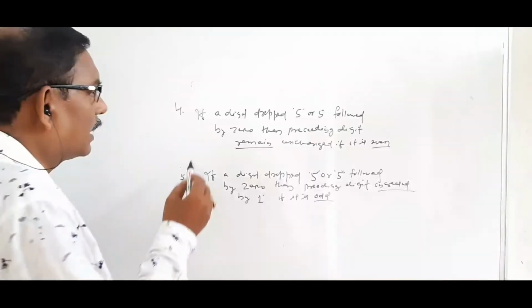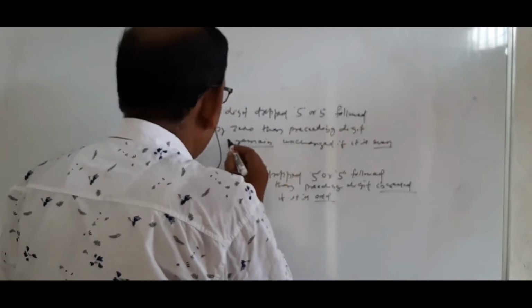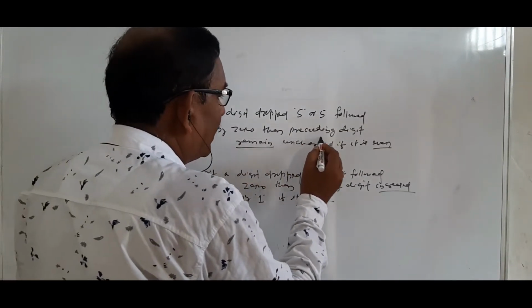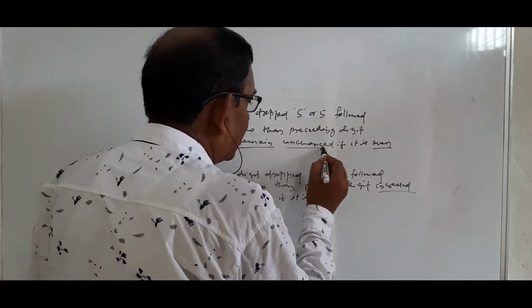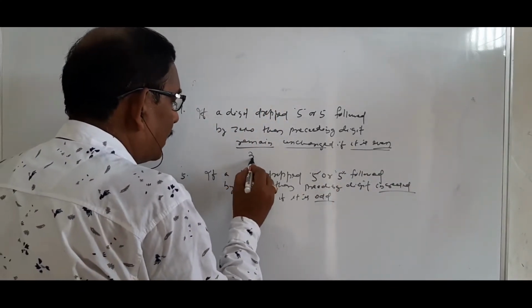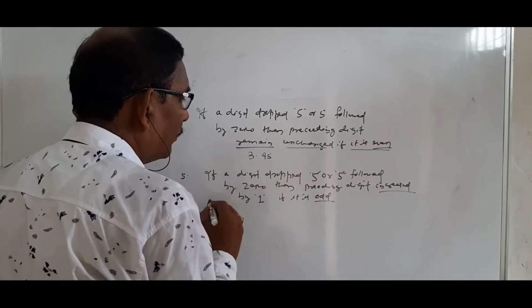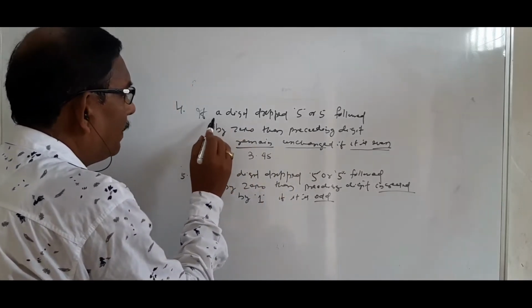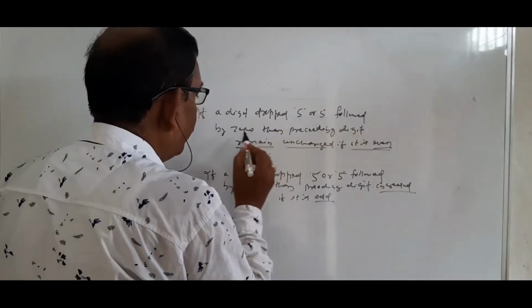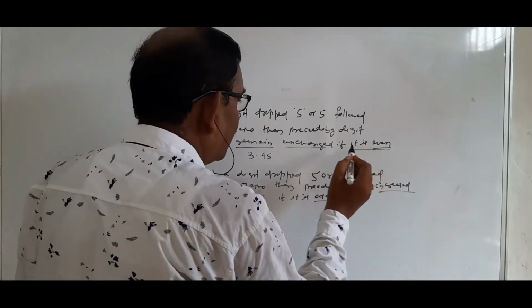Okay. Next one: if the digit dropped is 5, or 5 followed by 0, then the preceding digit remains unchanged if it is even.